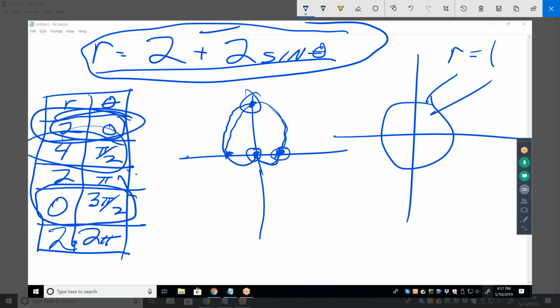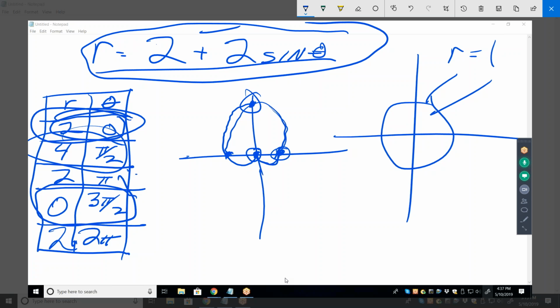So, let me see. Try to put that one right there: r equals 2 plus 2 sine of theta. I don't have a Casio, but I'm sure that they have a mode where you're in polar mode, not in XY rectangular mode. Just have to find it. You know how you would normally put in a function y equals?